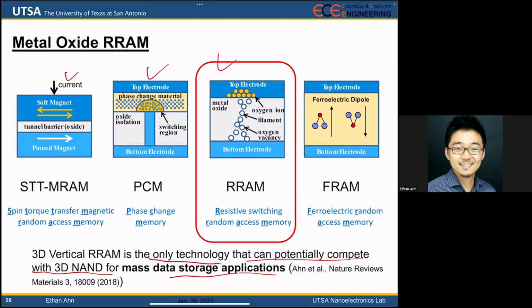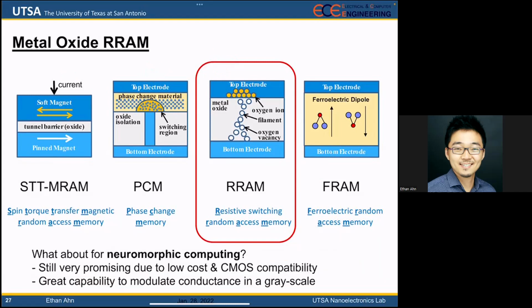And when it comes to this, RRAM is the best candidate because it has a very simple structure, it's easy to make, and the device physics are well known. That's why people believe RRAM is a very promising technology. And of course, we are talking about neuromorphic computing right now. For neuromorphic computing, it is still very promising because of its low cost and seamless compatibility.